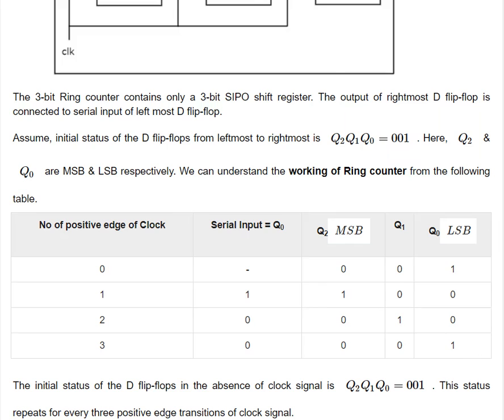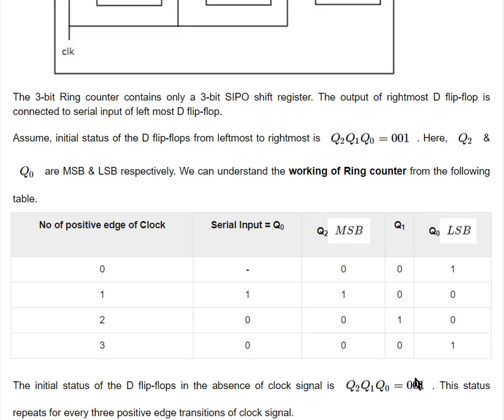So this is your 3-bit serial in, parallel out. After 3 clock cycles, it will generate the original value. After the third clock cycle, it generates the same value as the initial value.